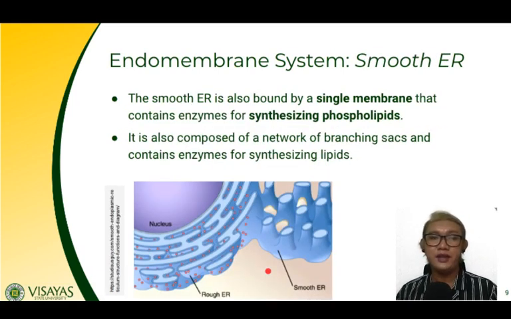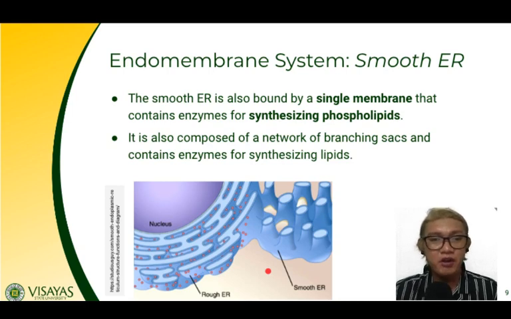Another part of the endomembrane system is the smooth endoplasmic reticulum, or the smooth ER. The smooth ER is also bound by a single membrane that contains enzymes for synthesizing phospholipids. It is also composed of a network of branching sacs and contains enzymes for synthesizing lipids.